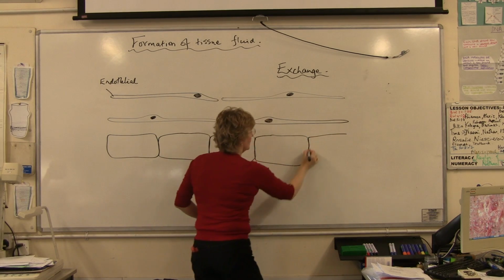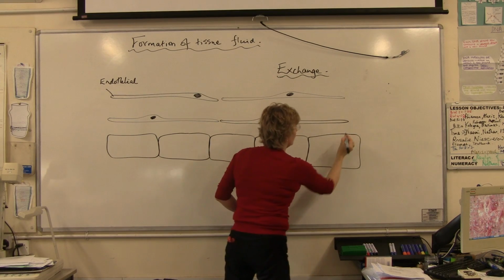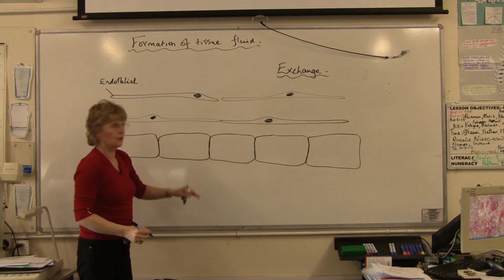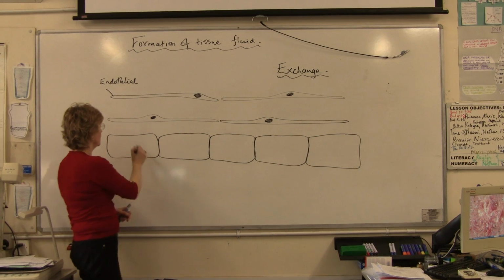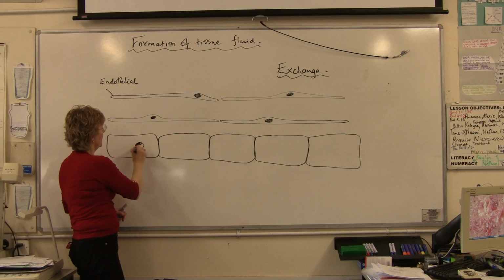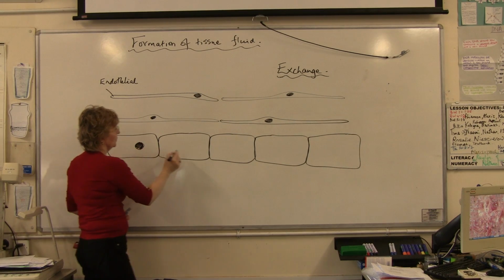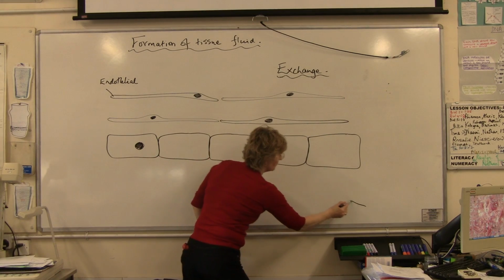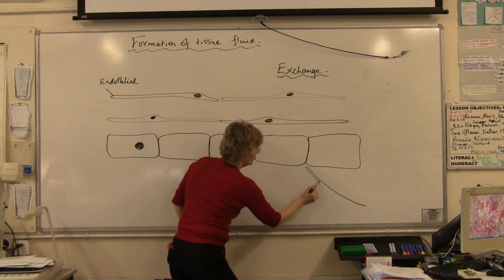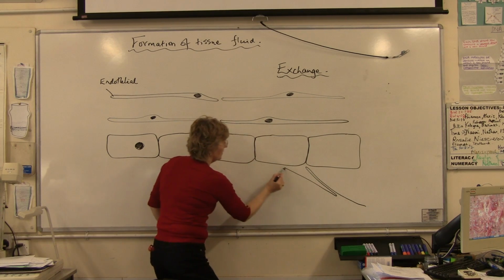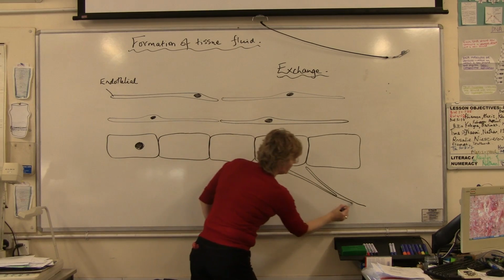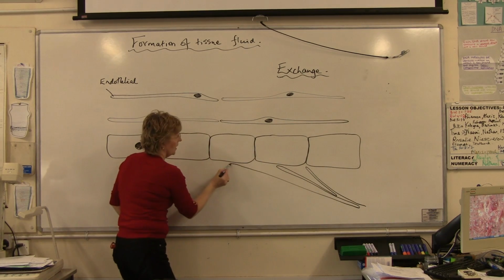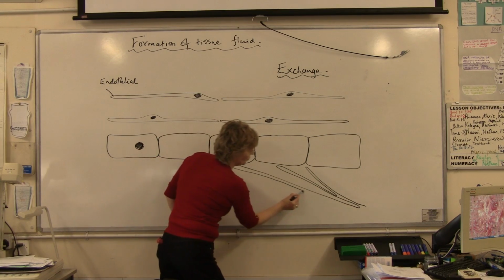Now, you also have another circulation that is important within animals. And that circulatory system is the lymphatic system. And here, the lymphatic vessels are open-ended tubes.